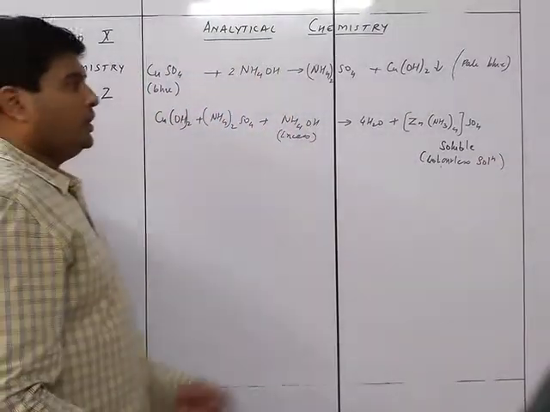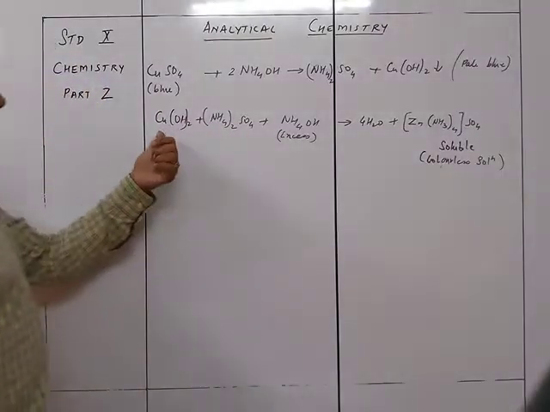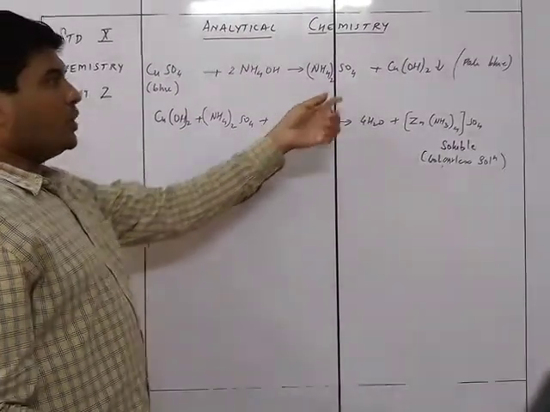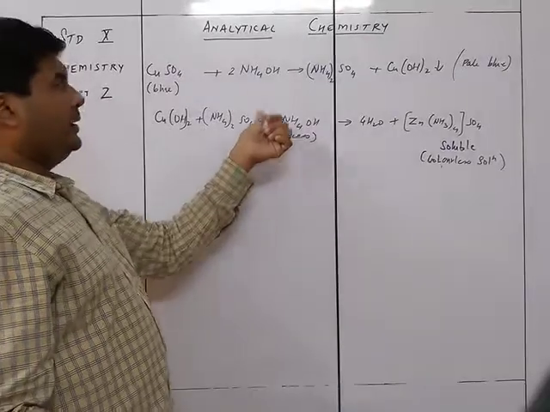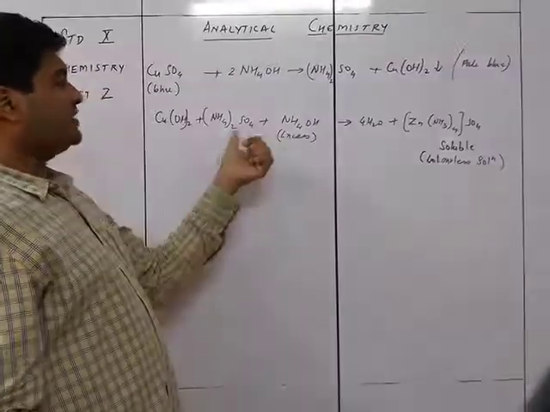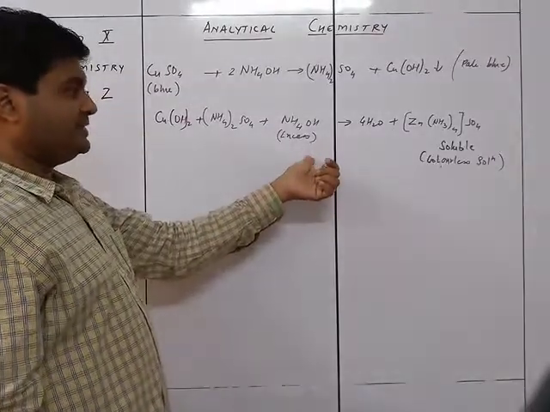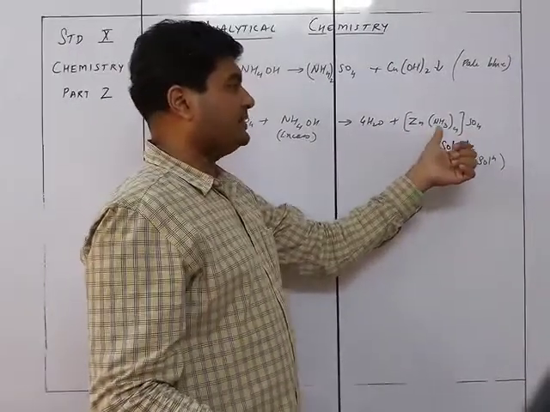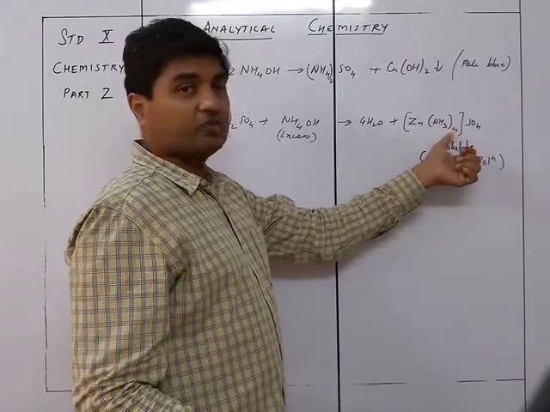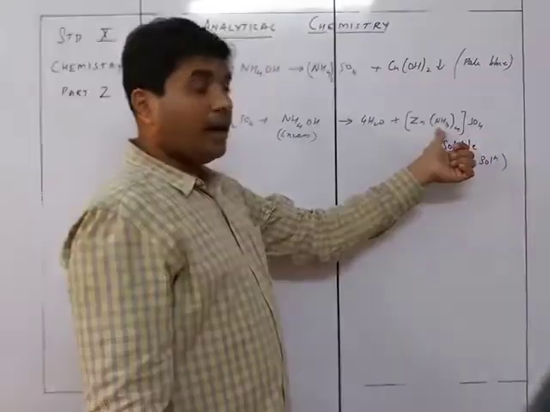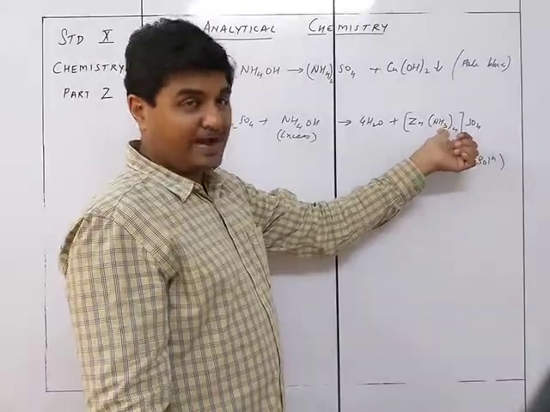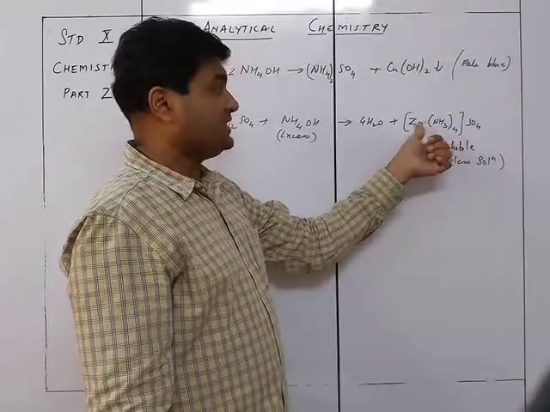So you see here that copper hydroxide along with the ammonium hydroxide along with the ammonium sulfate and the ammonium hydroxide in excess is going to give me water, plus it is going to give me a complex salt that is nothing but tetraamine. See, 4 is over here, that means tetra. NH3 is ammonia, so it is amine, it's tetraamine zinc sulfate.